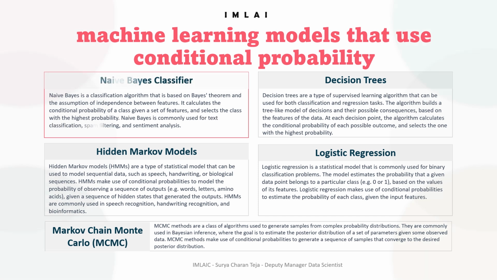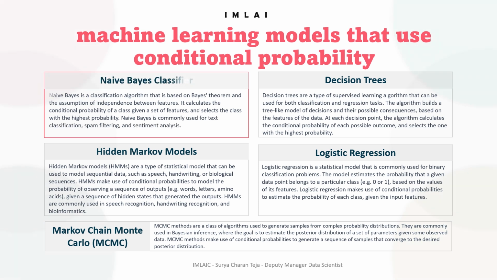Overall, conditional probability is a fundamental concept in machine learning and is used in many different models and algorithms for various tasks such as classification, sequence labeling, clustering, and reinforcement learning. By and large, we have covered everything other than regression.